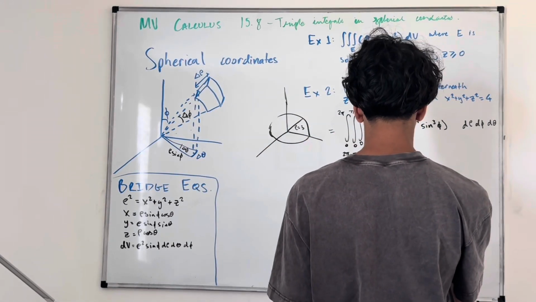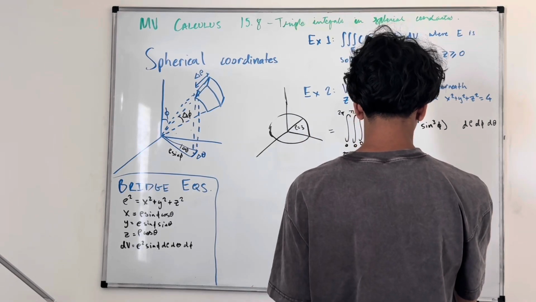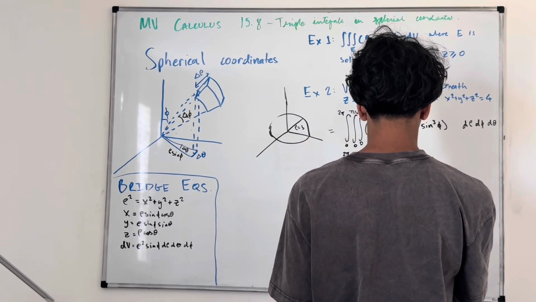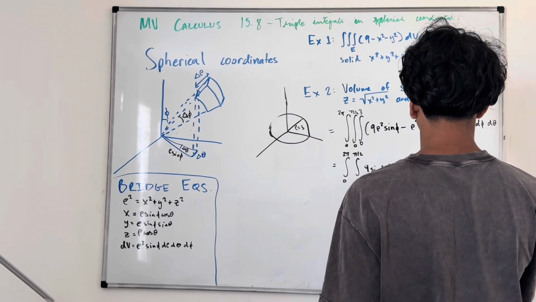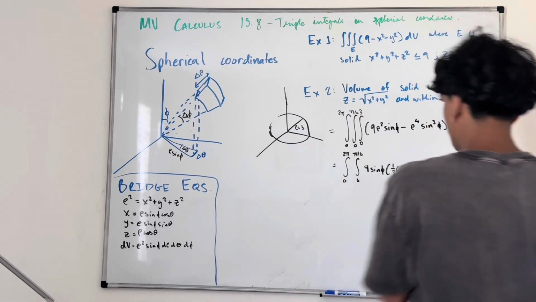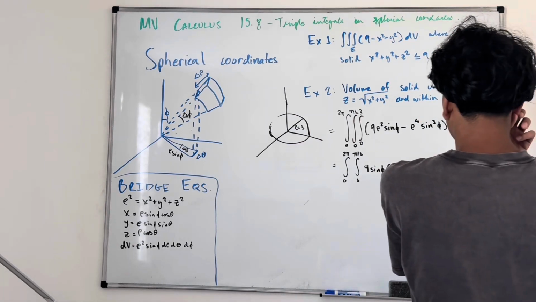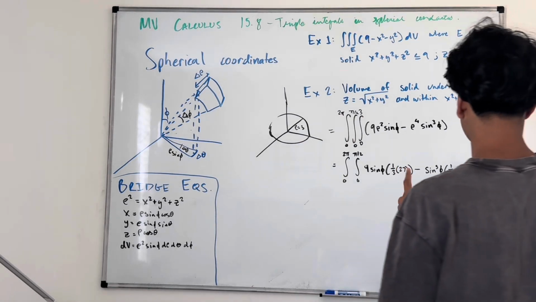So 1/3 times 3 cubed is 27. Minus, we're going to have sine cubed phi, and then here we're going to have 1/5 times 3 to the 5th, and this actually ends up being 243.